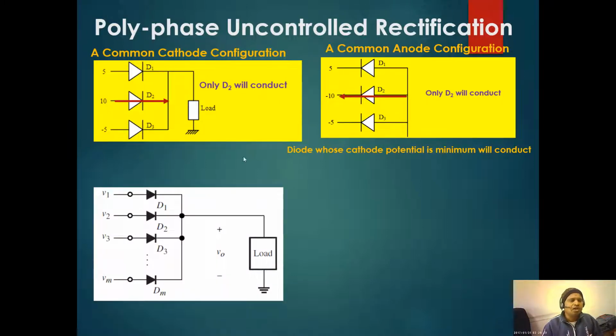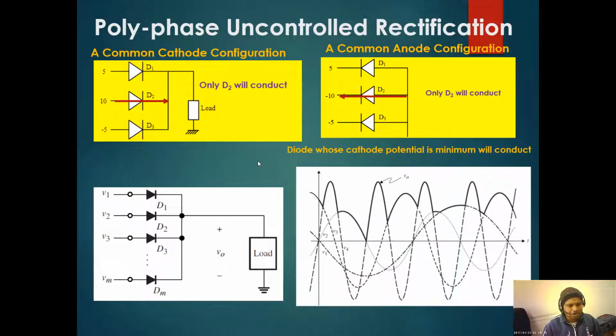Now similarly, I have n phases, and this n number of phases is depicted here. Different voltages V1, V2, V3, V4 are applied here, and the diode will conduct according to the higher potential at the anode voltage, because it is a common cathode configuration.